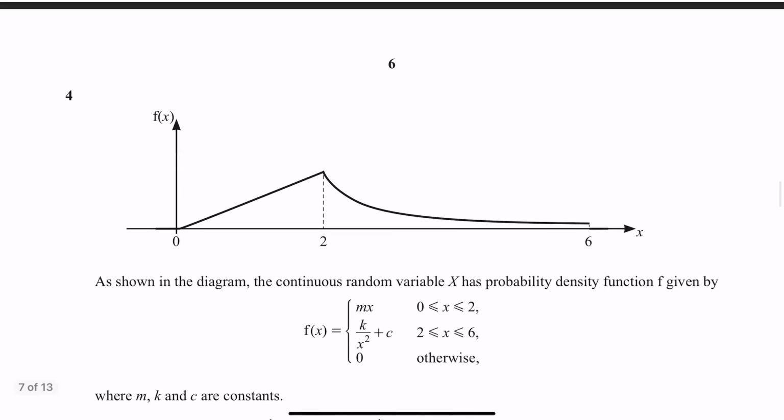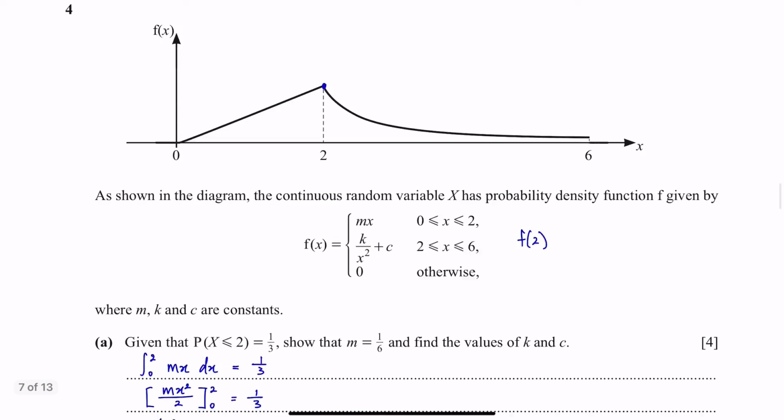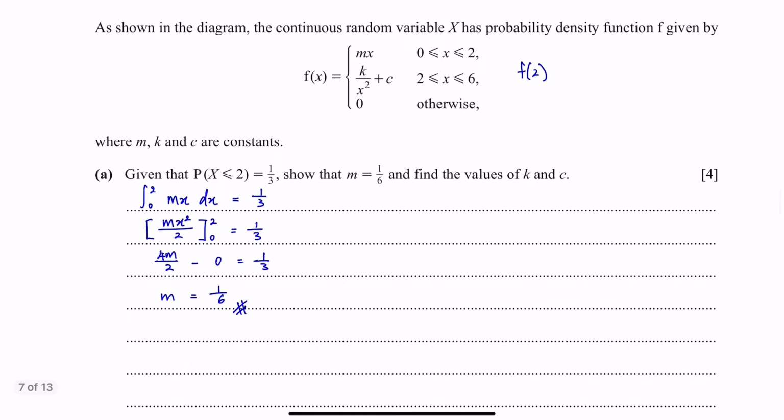So first off, we know that when x is equals to 2, f(2) will have the same value no matter we use mx or k over x squared plus c. So we can sub x equals to 2 and 1 over 6 times 2 is equal to k over 2 squared plus c, because f(2) has the same value.